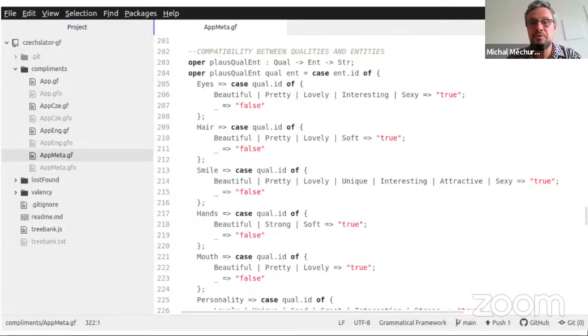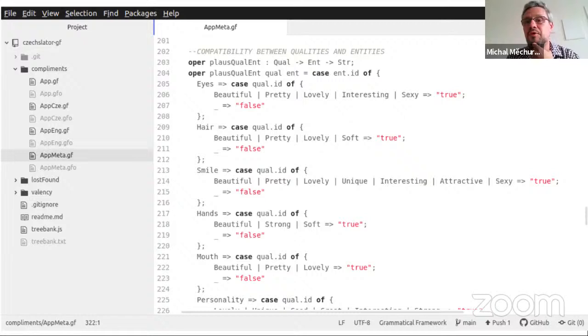And it's telling me that when you're talking about hair, it's semantically plausible to say that it is beautiful or pretty or lovely or soft, but nothing else, right? And when you're talking about somebody's smile, you can say that they have an interesting smile, for example. This is evaluated as semantically plausible, but not other properties, right?